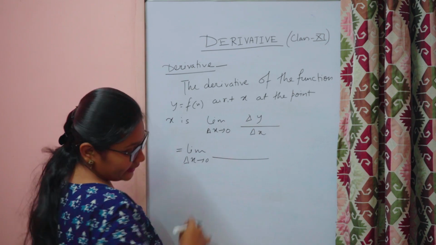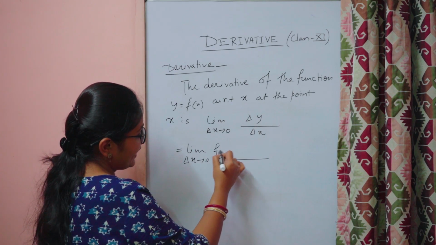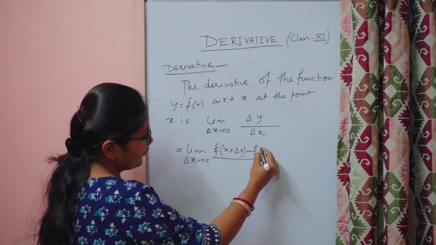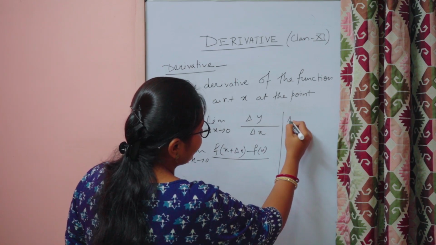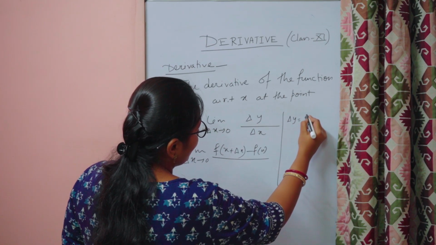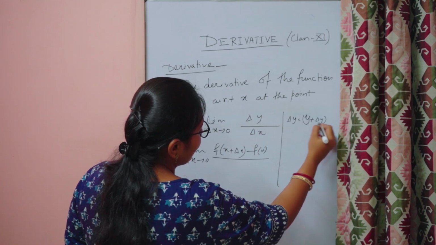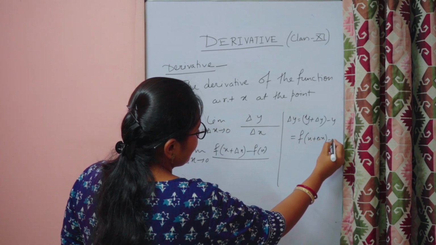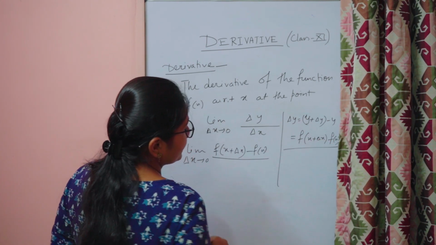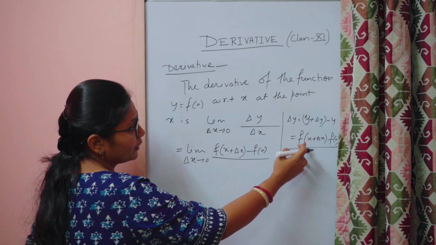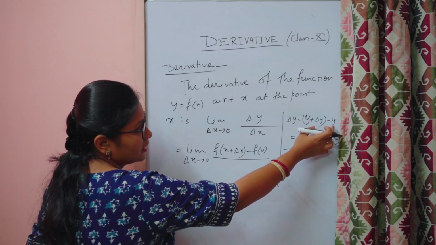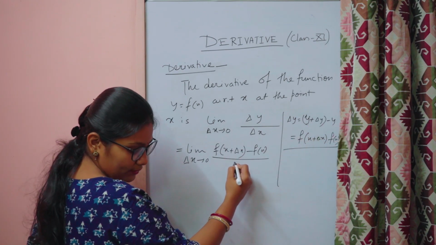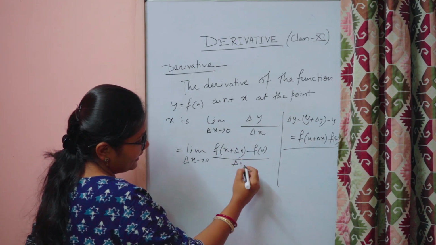So your del y, what we have found, is f(x plus del x) minus f(x), because previously we found del y is equal to y plus del y minus y. So it can be written as f of x plus del x minus f(x). We have already found it, so we put the expression in this way. In the denominator it will be del x.